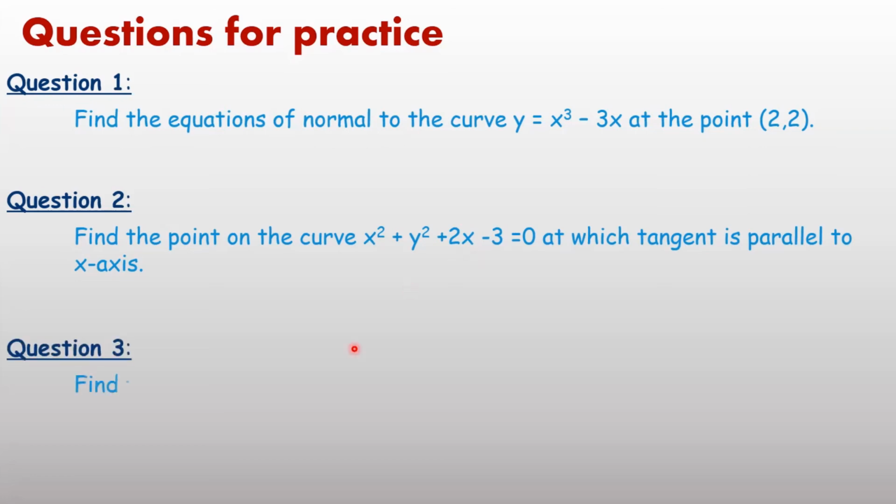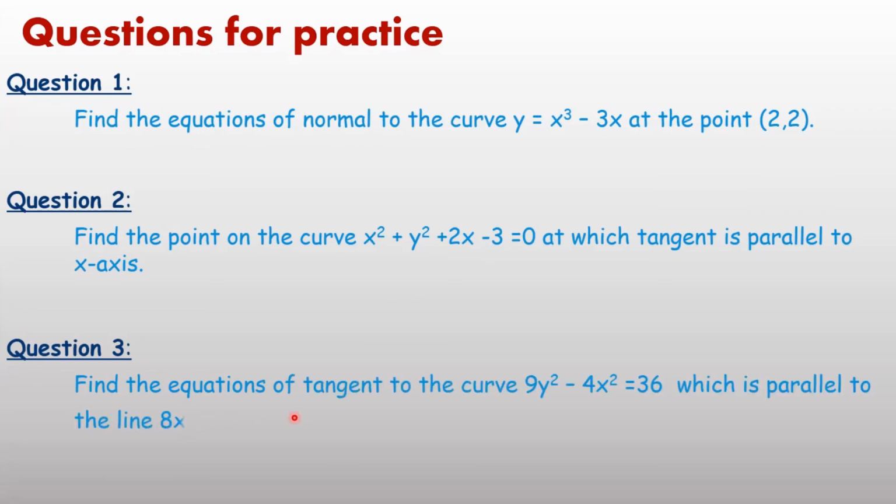And question number 3, find the equation of tangent to the curve 9y square minus 4x square equals 36, which is parallel to the line 8x minus 15y equals 1. Now you have to complete and submit your answer.